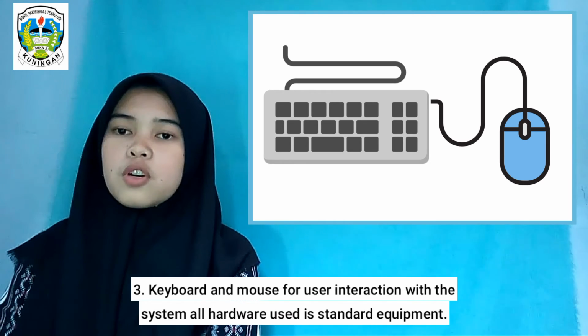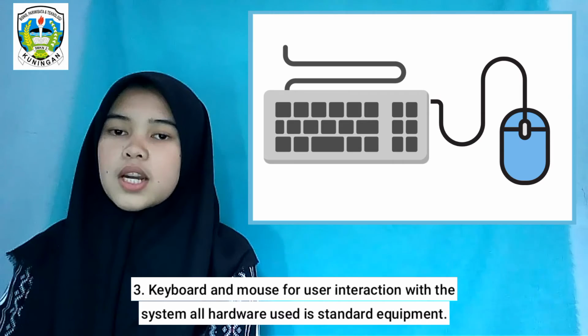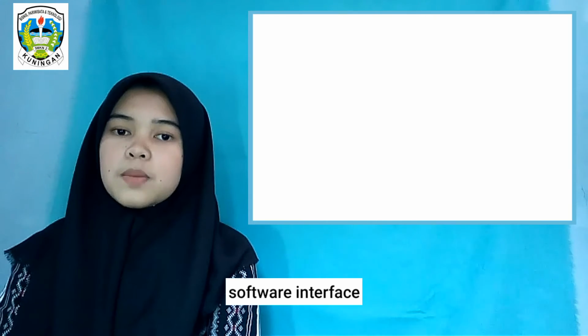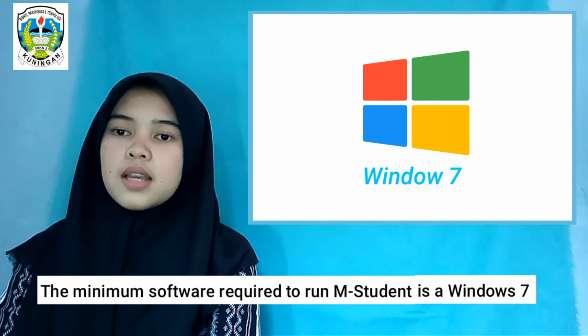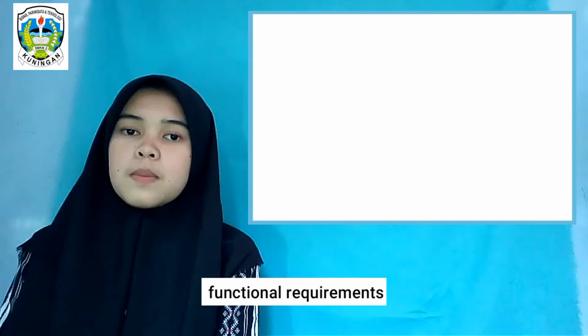Keyboard and mouse for user interaction with the system. All hardware used is standard equipment. Software interface. The minimum software required to run M-Student is a Windows 7 or 8 operating system.